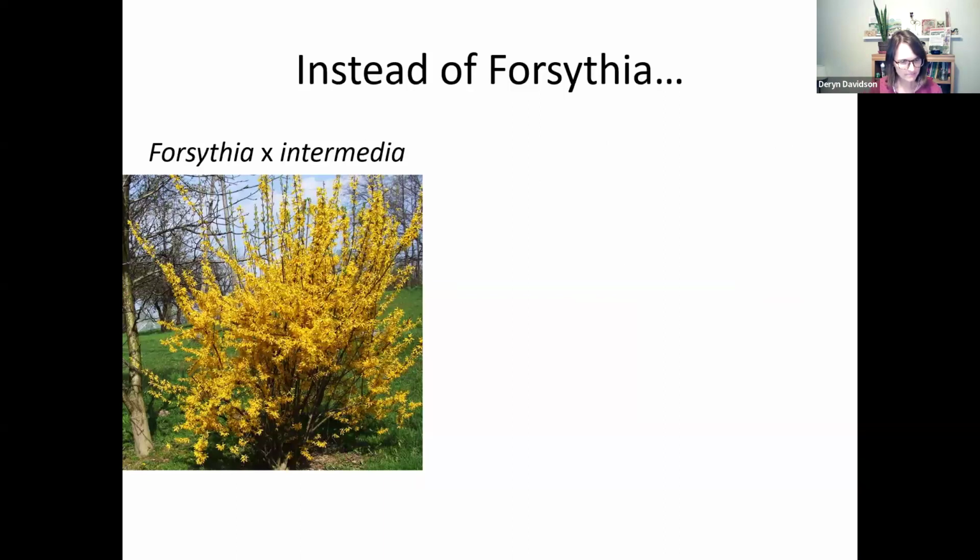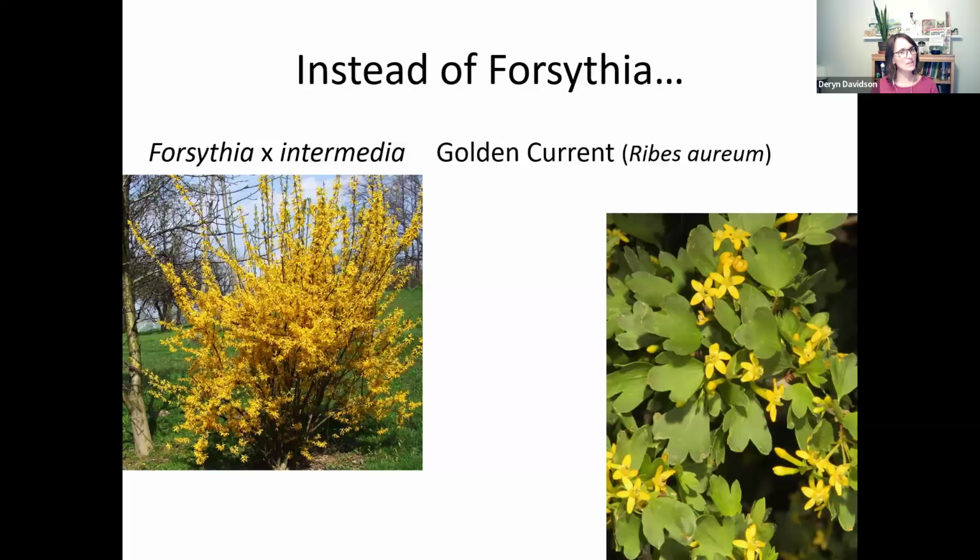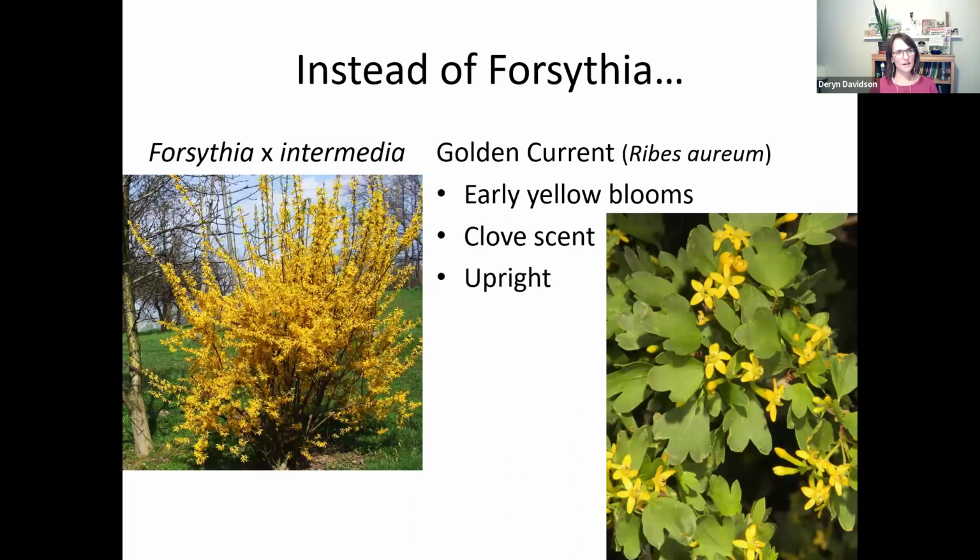Instead of forsythia, forsythia is certainly kind of a harbinger of spring. You get those nice golden yellow flowers. But again, if you're looking for natives, golden currant blooms at the same time. Bright yellow flowers bloom quite early, have a really pretty kind of clove scent.